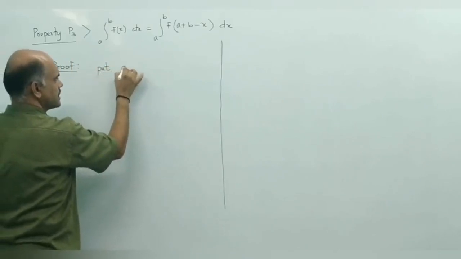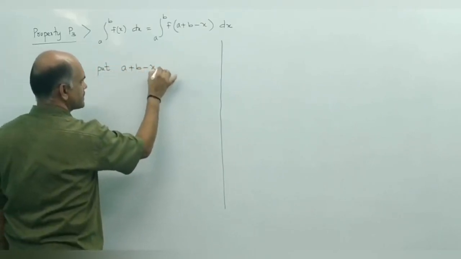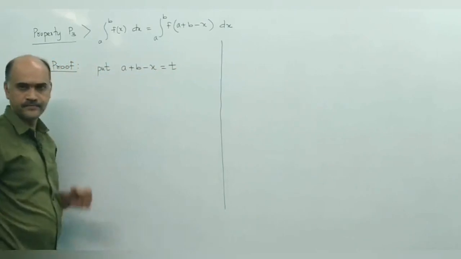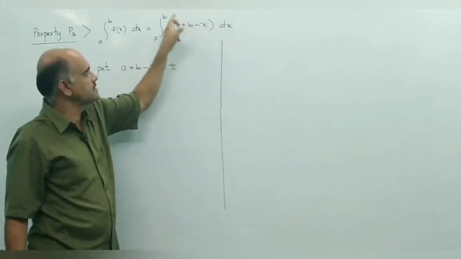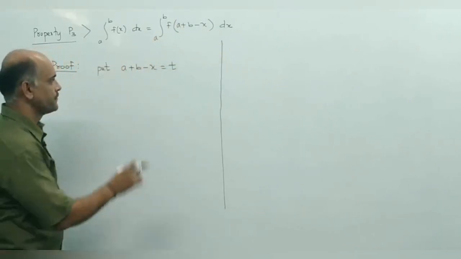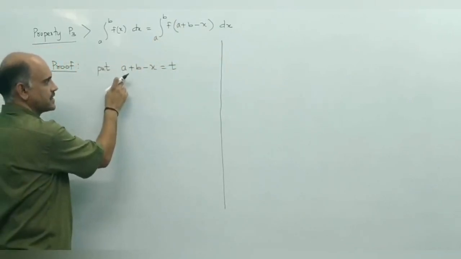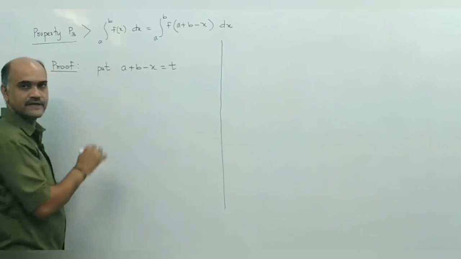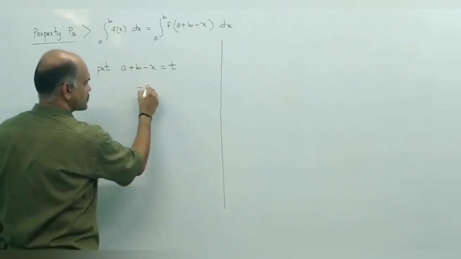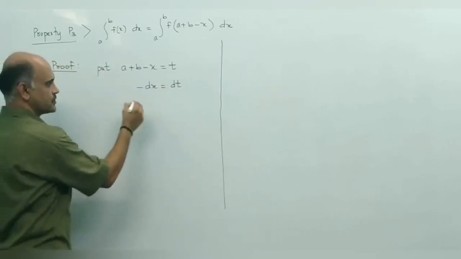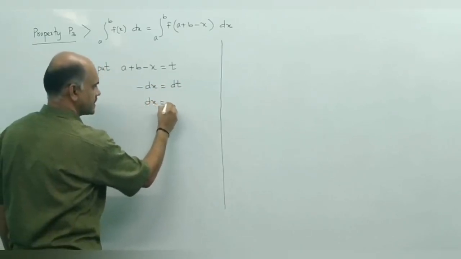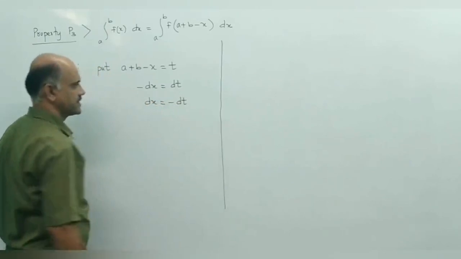Put a plus b minus x is equal to t. If we substitute this as t, the differential also changes. If I differentiate, differentiation of a is 0, differentiation of b is 0, so minus dx is equal to dt. If I change sign, dx is equal to minus dt.